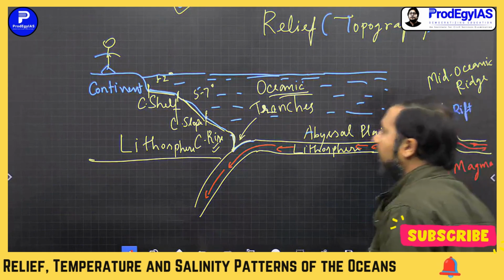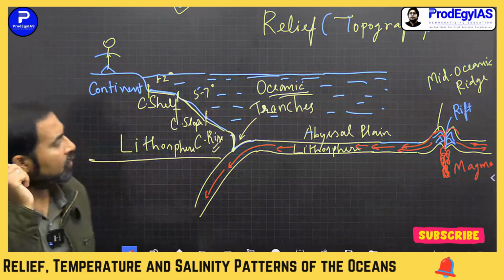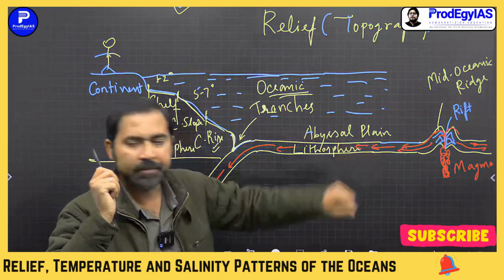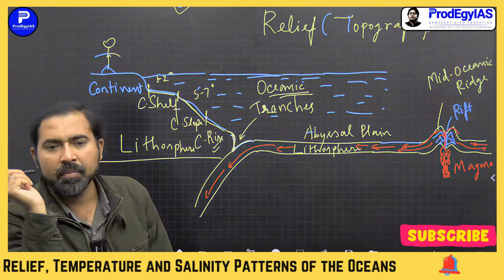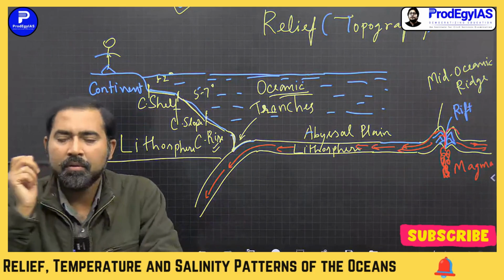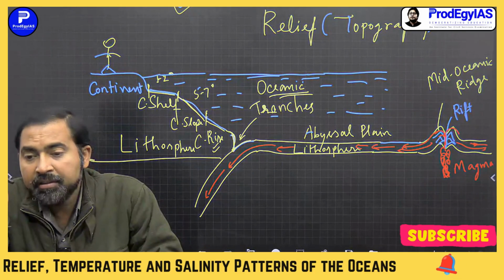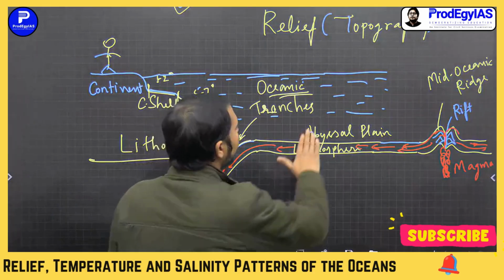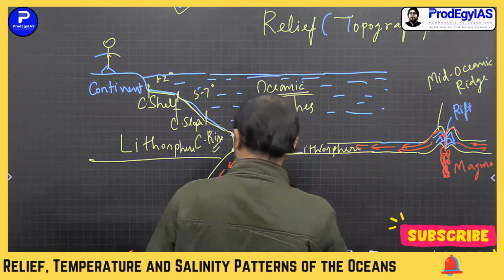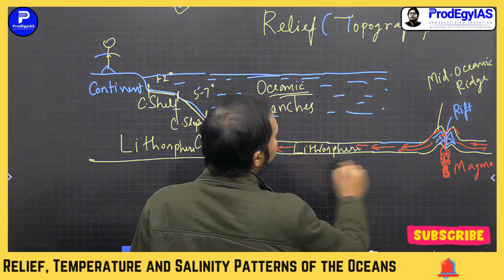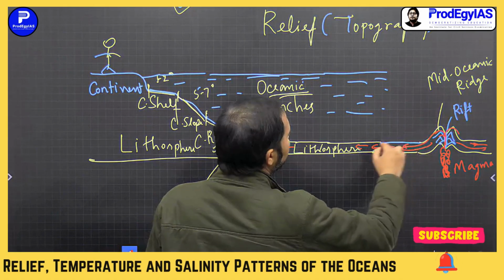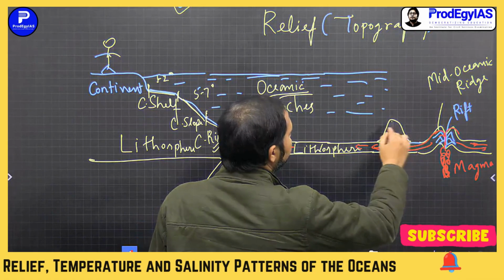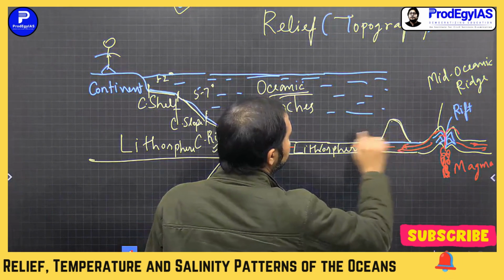This is magma, right? On these floor basins, especially abyssal plains, you can also find some conical mountains. They are called sea mounts. Here you can find some mountains like this.